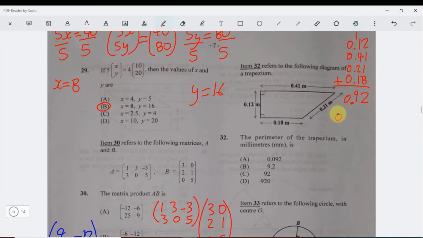But this is 0.92 what? 0.92 meters. If we want it in millimeters, we need to multiply it by 1,000. Multiplying it by 1,000, that is going to give us 920 millimeters. So it's 920, option B. Alright, remember 1 meter is equal to 1,000 millimeters.